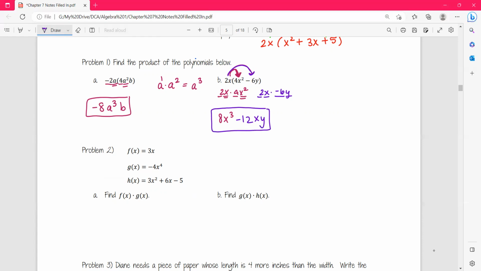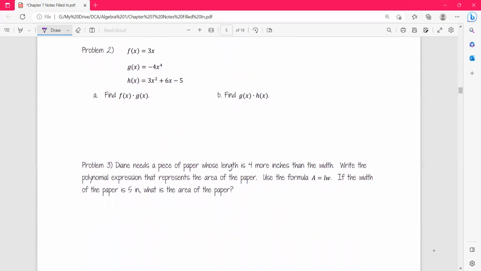Okay, let's check out problem 2. So problem 2, they have given us three functions, right? They're giving us f of x, g of x, and h of x, all three. And they're going to tell us what they would like us to do with these three functions. So a says multiply, right? F of x times g of x. And that's what we're going to write to start.